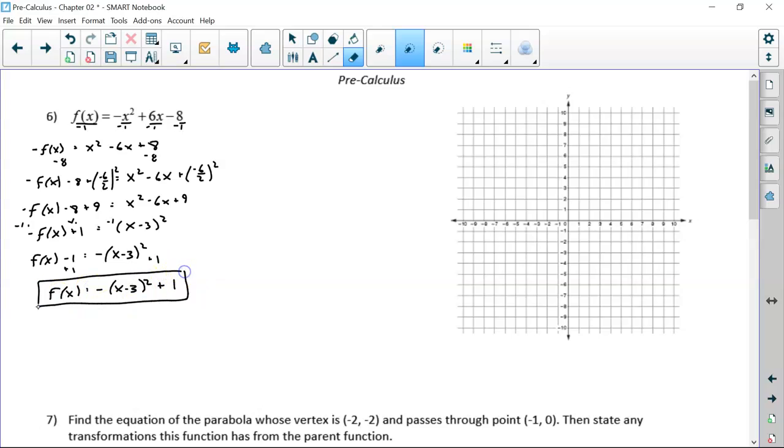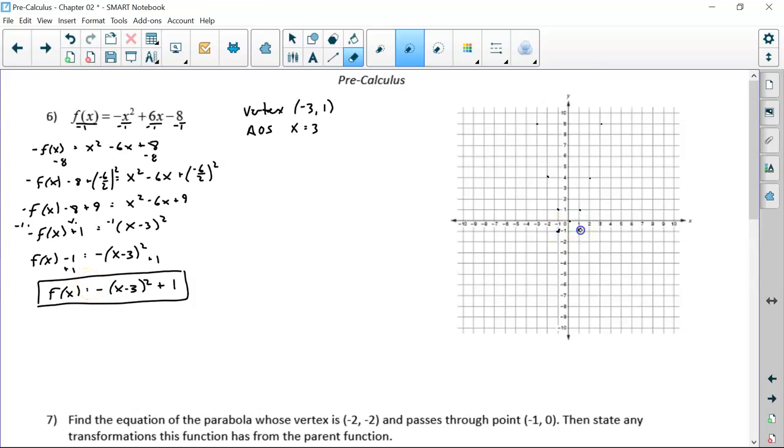So there is our function. So the vertex is at 3, 1. The axis of symmetry is at x equals 3. And now let's graph. So we know our anchor points. Now there's a reflection along that x-axis because of the negative.